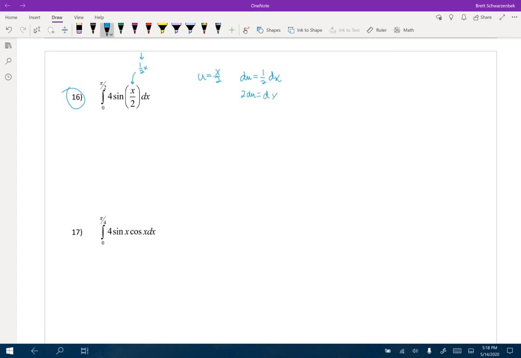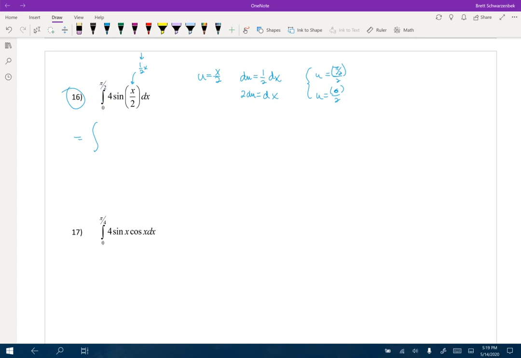All right. If we move on and talk about our limits, u is equal to pi over 2 divided by 2, and u is equal to 0 divided by 2. Remember, I'm just taking these and plugging them in here, right? That's all, just plugging them right in there.